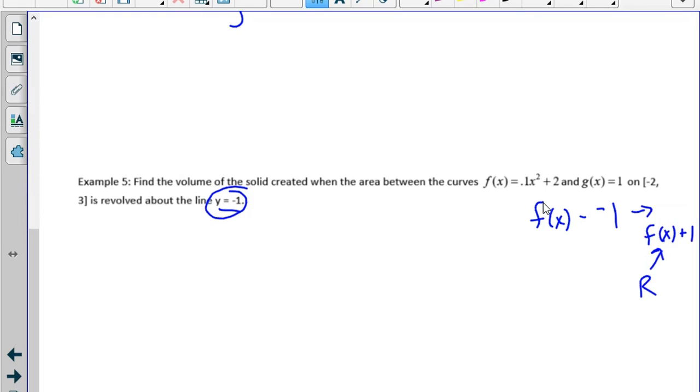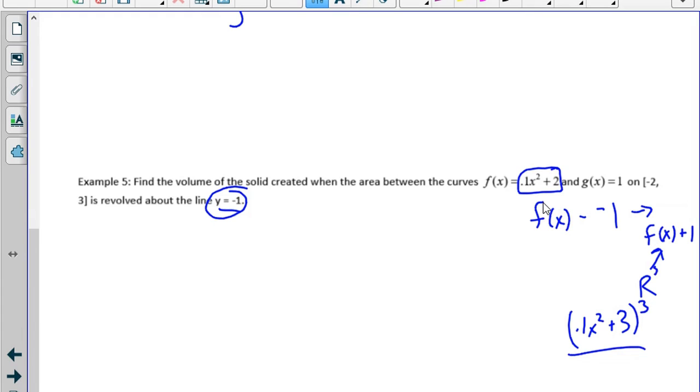So that is going to have to be squared. That entire thing must be squared. So if I'm writing it out, it's 0.1 x squared plus 2 plus 1, which ends up being 0.1 x squared plus 3. That ends up being squared. So this is now my new R, 0.1 x squared plus 3.